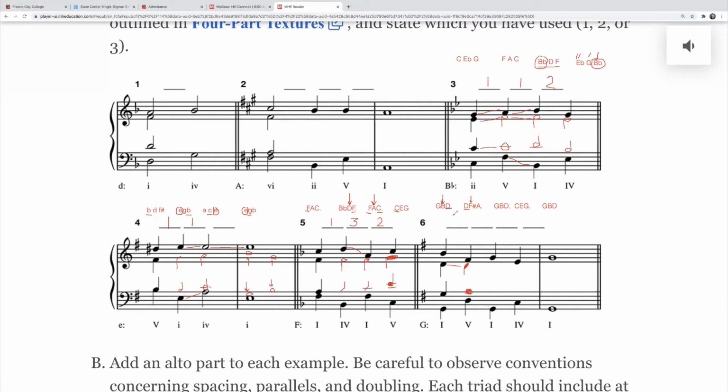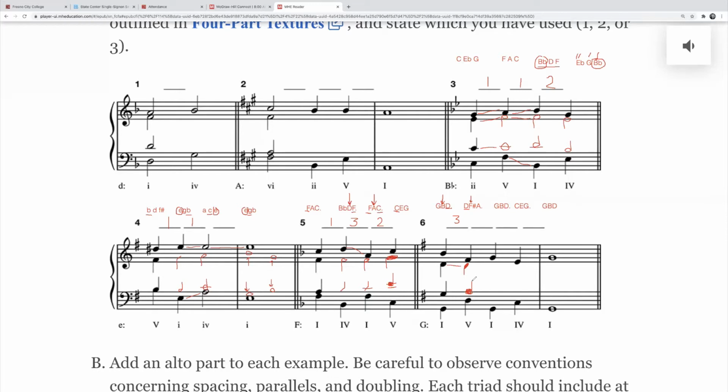All right. So for the stepwise motion note in method 3, it doesn't matter which direction. Does it have to match another one? I don't believe it does. Yeah, I didn't think so either. Just wanted to make sure. It seems that you almost have to go the opposite direction, doesn't it? Yeah, in this case.